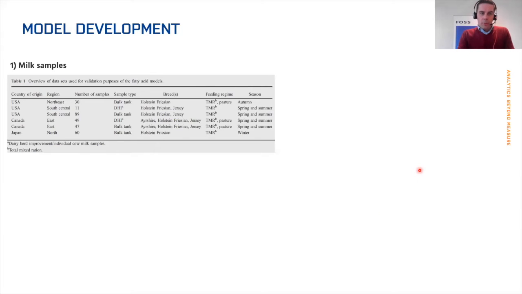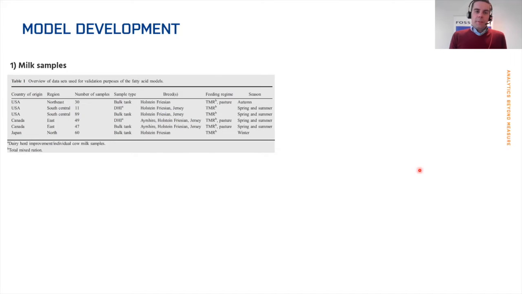So in terms of model development, we already had a data set available from Europe, and we expanded that data set by collecting samples in North America, 3 different sites in the US and 2 sites in Canada, and then 1 additional site in Japan.